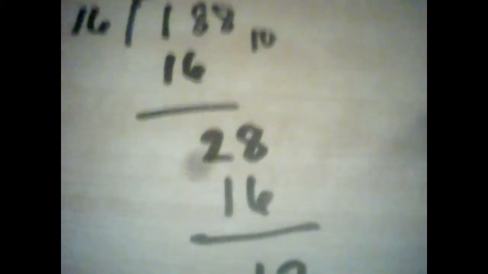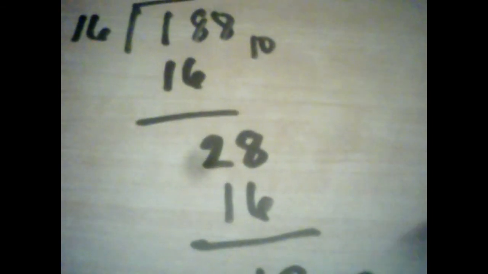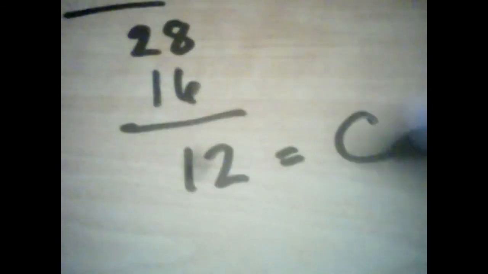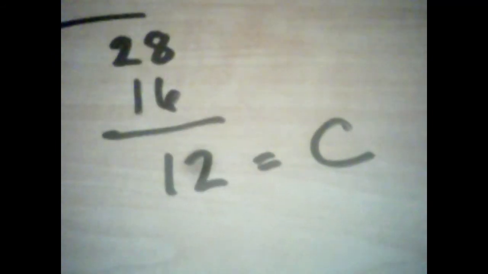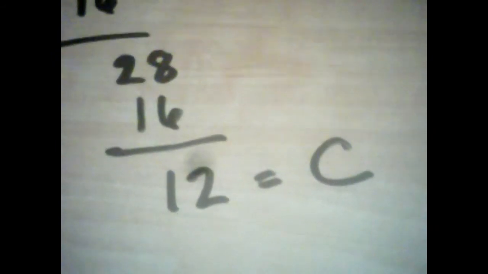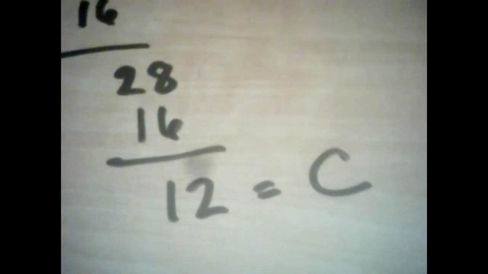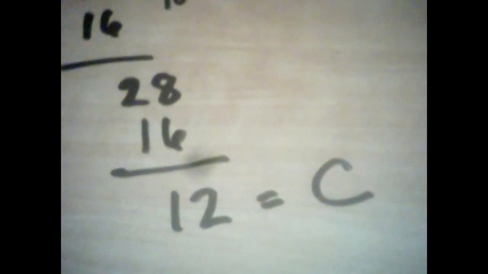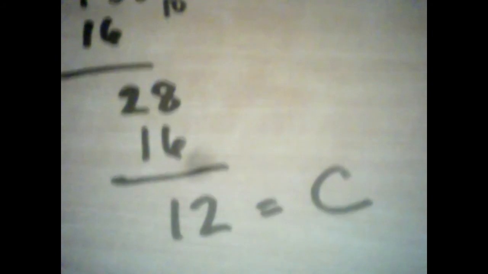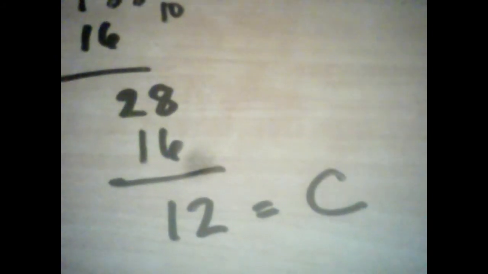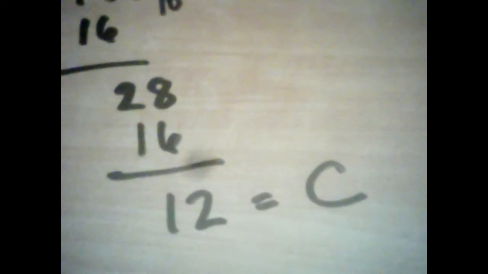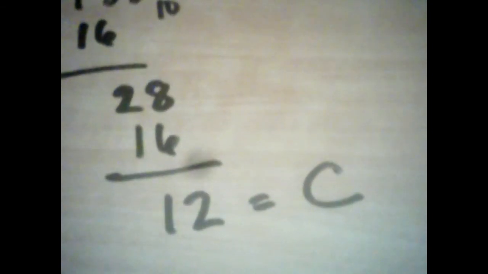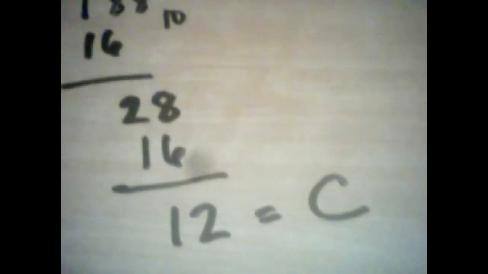So the difference is 12, or we will write C. Okay? Please refer to your hexadecimal table. The hexadecimal equivalent of a decimal number 12 is C. Okay? Our least significant bit is C, which is our first remainder.